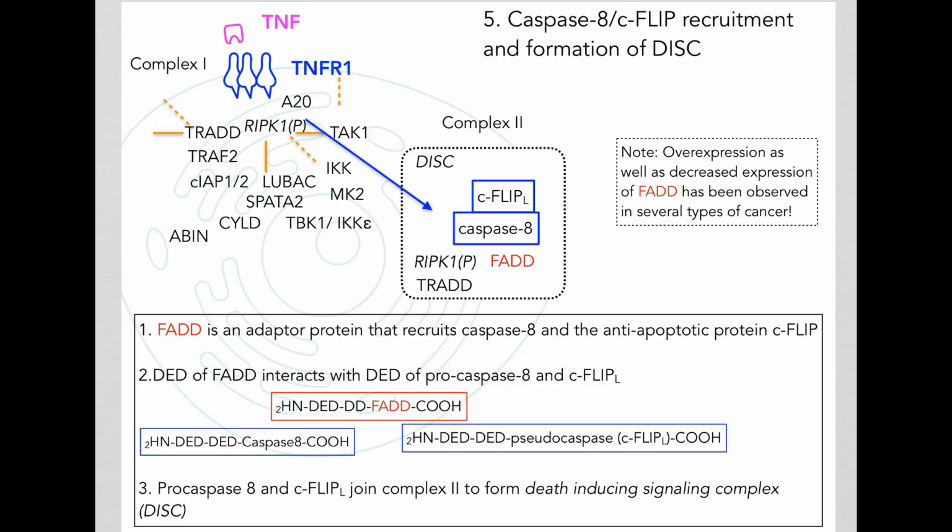So this attachment of CFLIP and caspase 8 to complex 2 now completes the death-inducing signaling complex. So now we have this DISC formed in the cytoplasm.